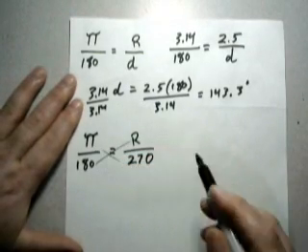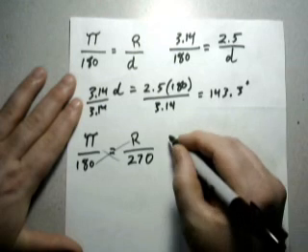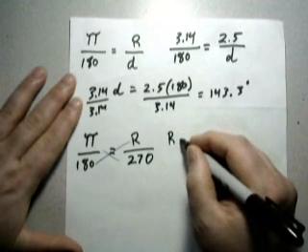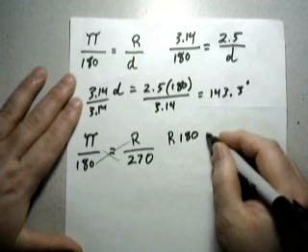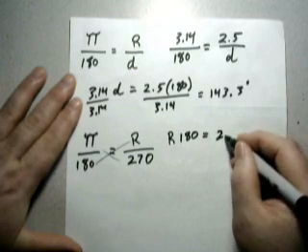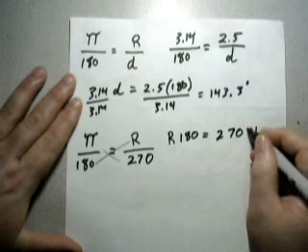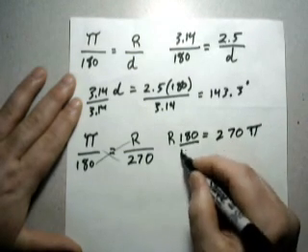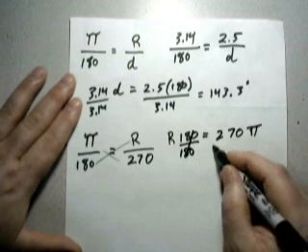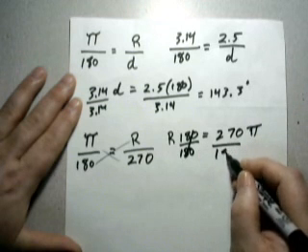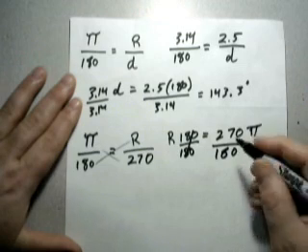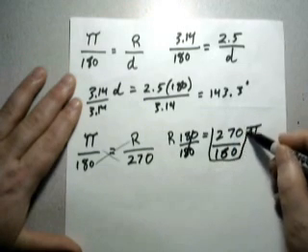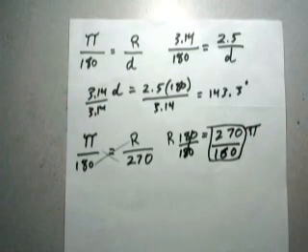Cross multiply, and you'll see. Let's see how this works out. So radians times 180 is equal to 270 times pi. Divide both sides by 180.